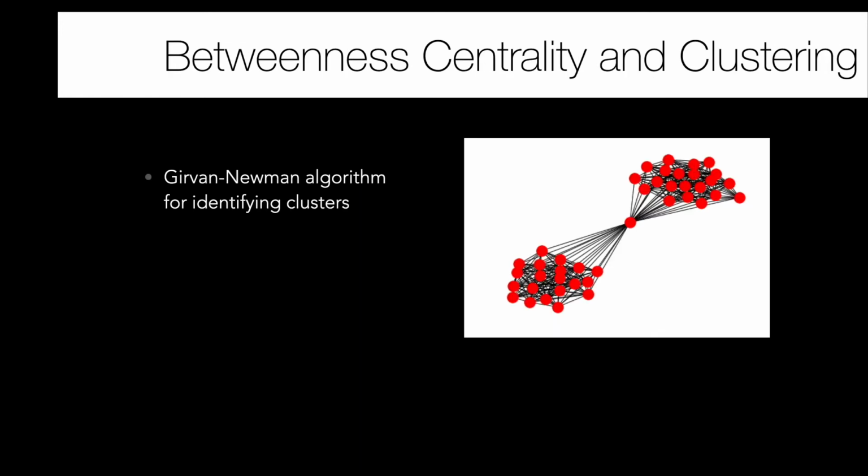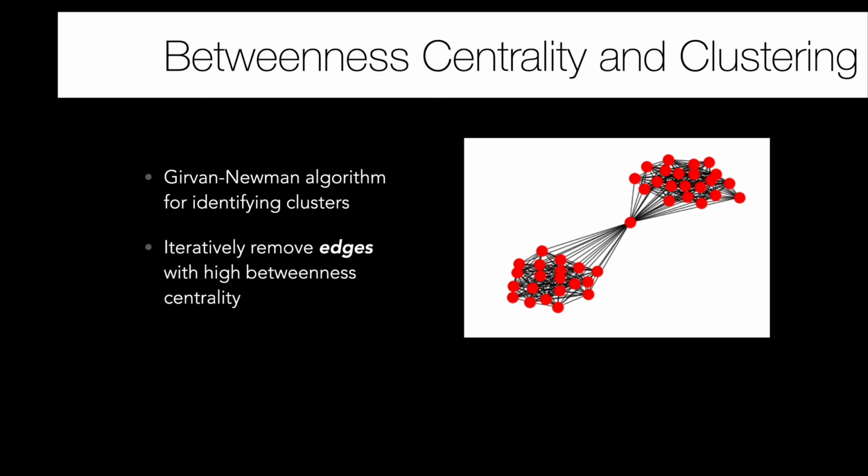Now, how can we leverage this metric to identify these clusters? We can go to betweenness centrality and say, well, how about we just remove edges that have high betweenness centrality. So we'll slightly modify the betweenness centrality aspect. Instead of talking about nodes and their betweenness centrality, we can talk about edges and their betweenness centrality.